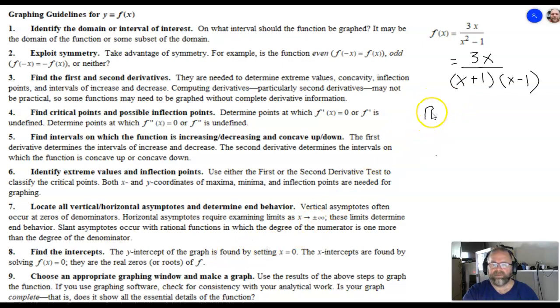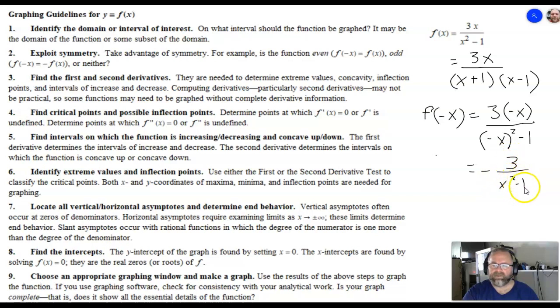If I replace x with negative x, I don't know if you remember this from pre-calculus, but let me know if you have trouble with this. I replace all of the x's with a negative x, all over negative x squared minus 1. And then when I simplify this, I end up getting -3x over x squared minus 1.